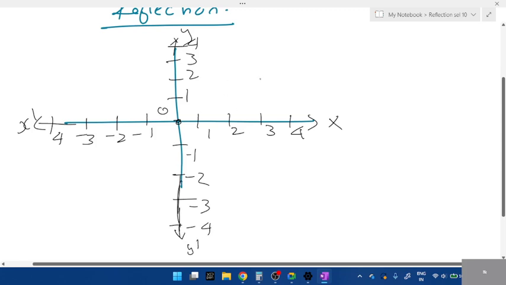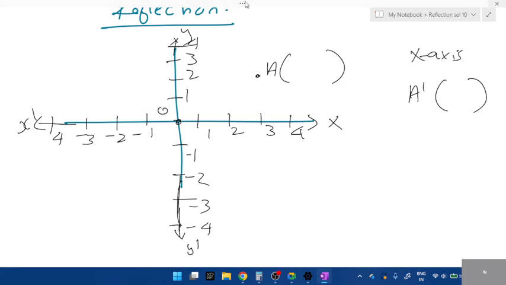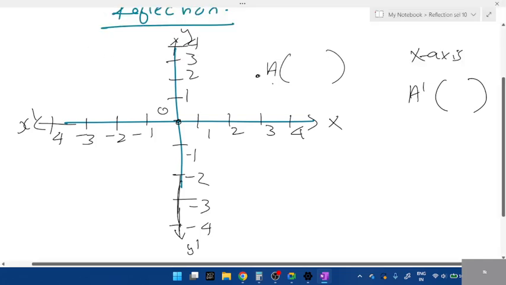Okay, let me plot a point here, A, and this point is getting reflected on the x-axis. What will be the answer for A dash? It is getting reflected on the x-axis. This is the question. All of you will answer. First, find out the point, students. Where is the point lying? 3, comma 2.